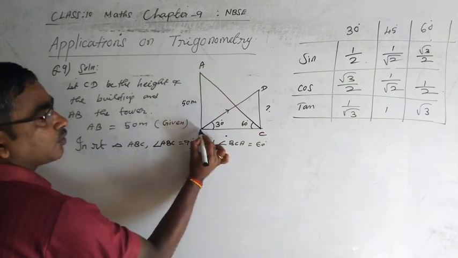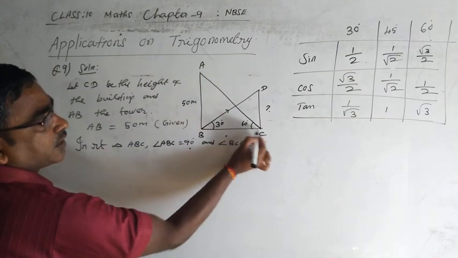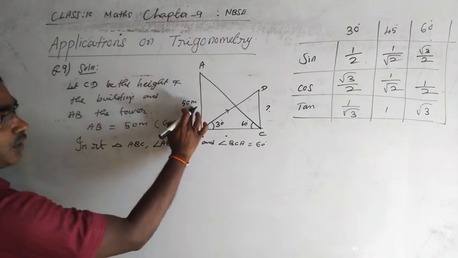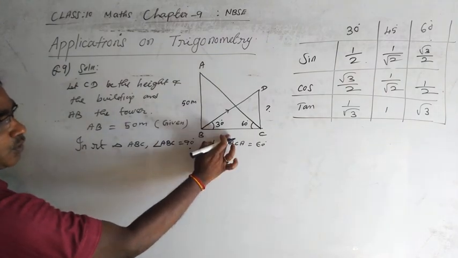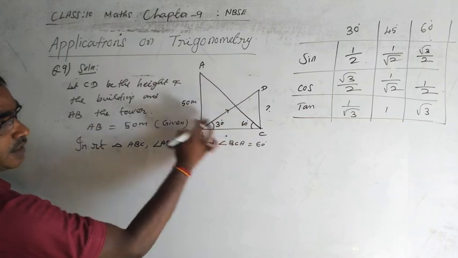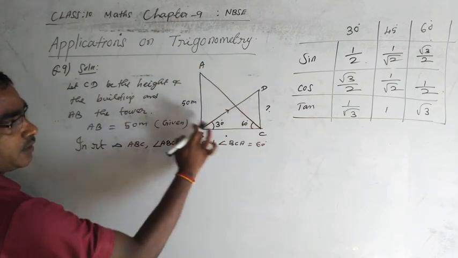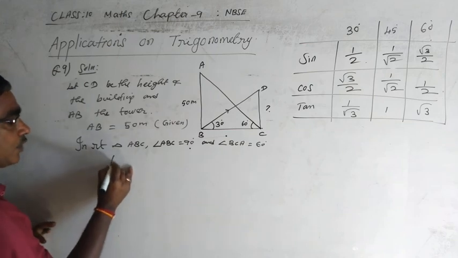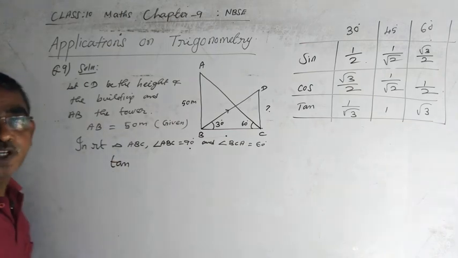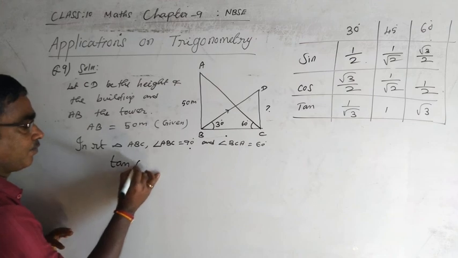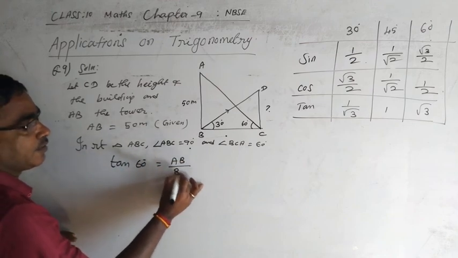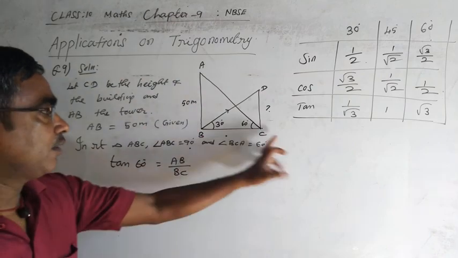AB value we know, this is the perpendicular; the base we don't know. As per this angle, we have to compare the perpendicular to the base. So perpendicular by base equals tan. Tan 60 equals AB divided by BC, perpendicular by base.